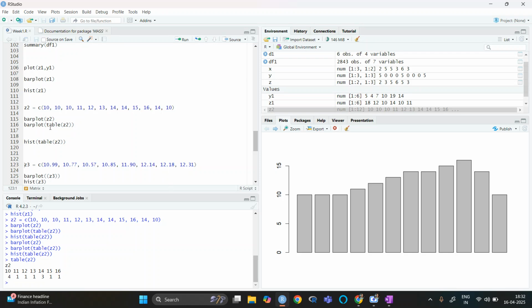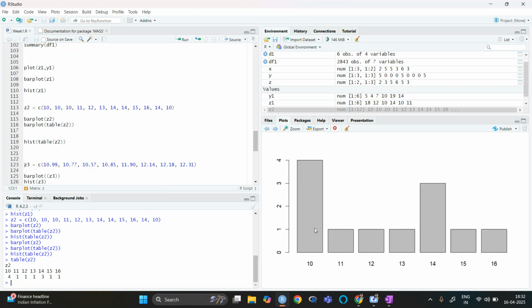But if you make the bar plot of table of Z2, then you can see that the frequency of 10 is maximum. After that you have the frequency of 14, and after that all the others, so the frequency of 10 is basically maximum.